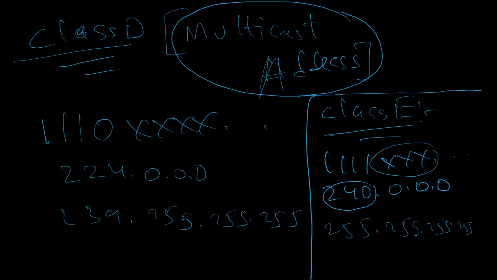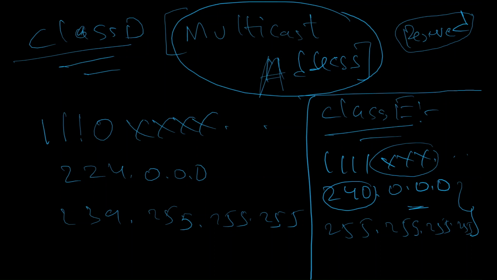So this is the range of IP addresses in class E, and we don't have any host or network ID part in class E. Class E is reserved, used for testing purposes. If they want to test anything for IP addresses, they'll use these class E addresses.